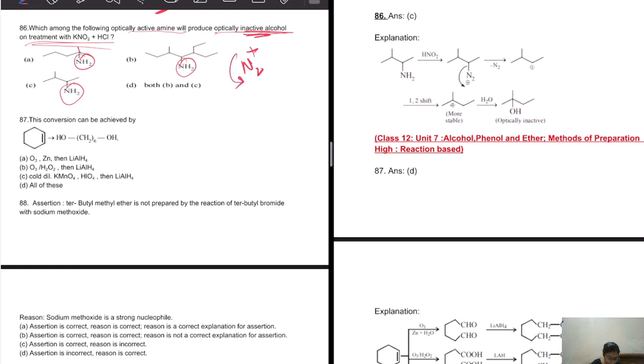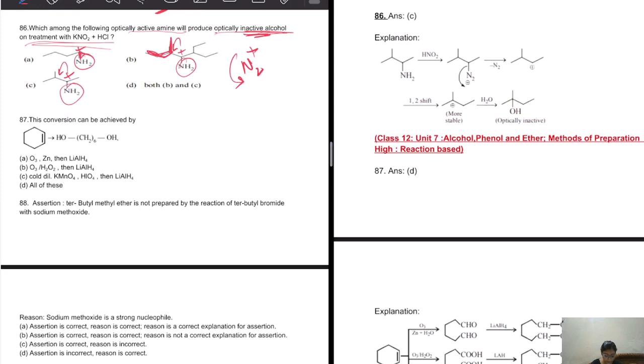So we have plus on this carbon. And then what will happen? According to stability, the carbocation will shift. Rearrangement will take place. So here it would be rearranged here because it has more number of alpha hydrogens. Here it will remain here only. And in this case, it will shift here.